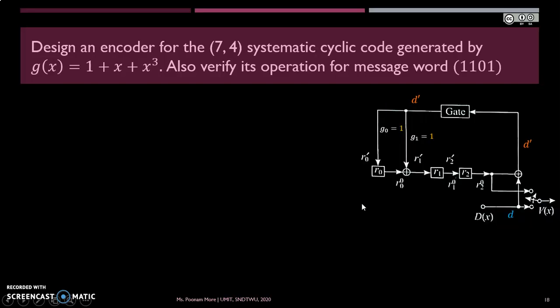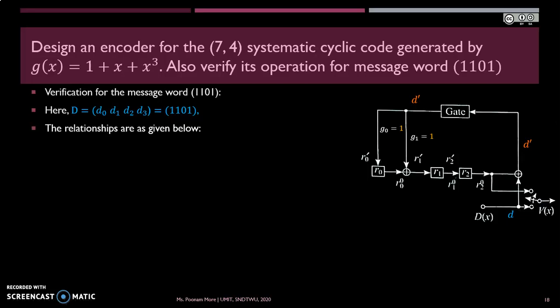Therefore we will verify the operation for the message word 1101. So let's consider these message bits. The relationships are as follows. Considering this encoder, R0 dash, the input to the shift register R0, is equal to D dash.